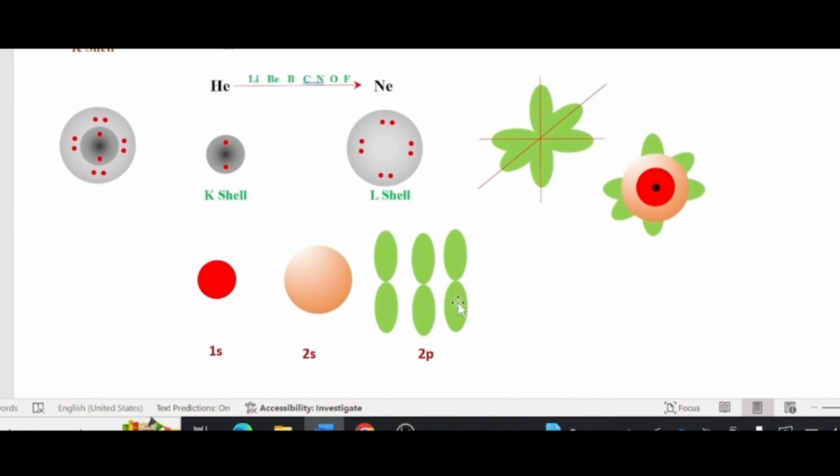So you have 3 of these and 1 of this. But these guys here are not arranged like this. They have an arrangement as depicted by the figures above, where one is lying on the x-axis and the other 2 are lying on the y and z axes respectively, mutually at 90 degrees to each other.